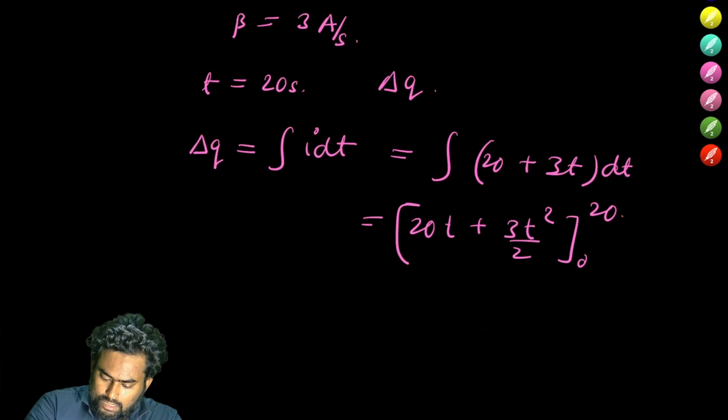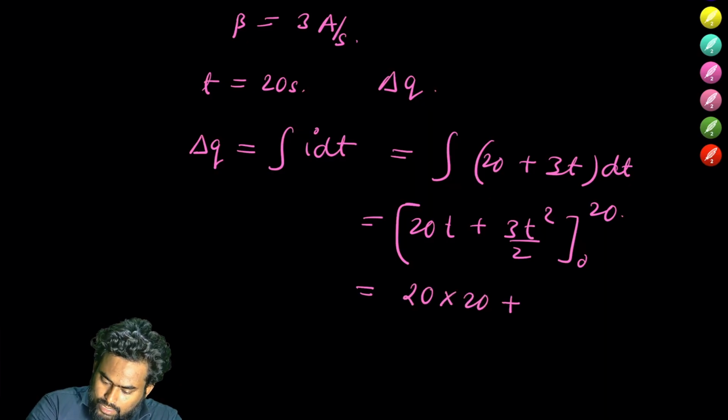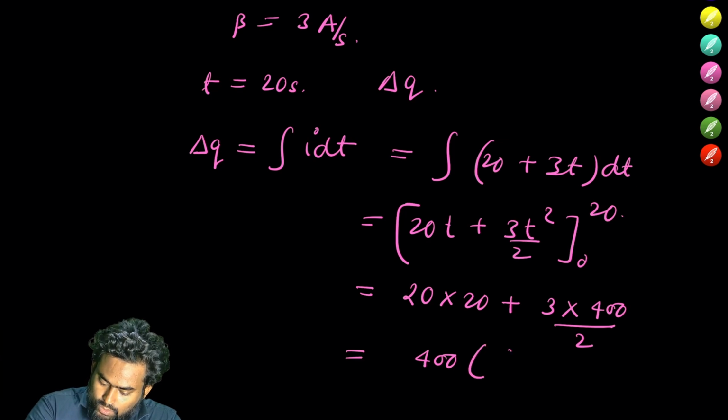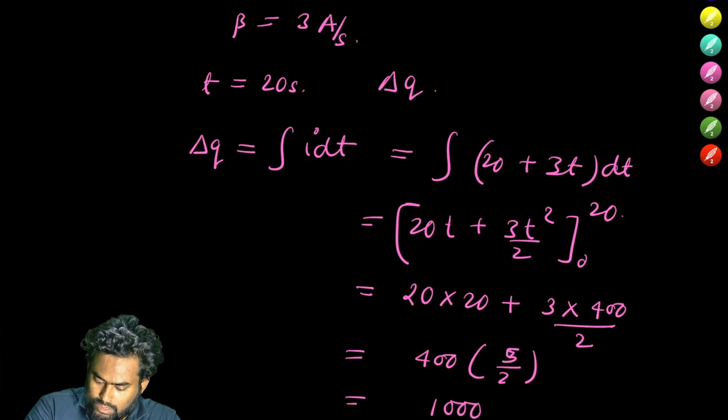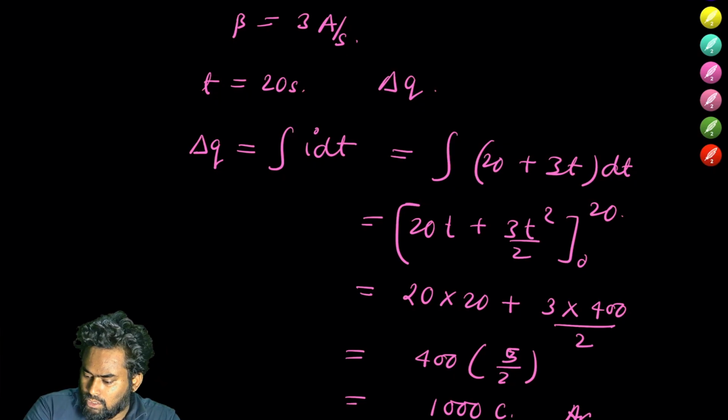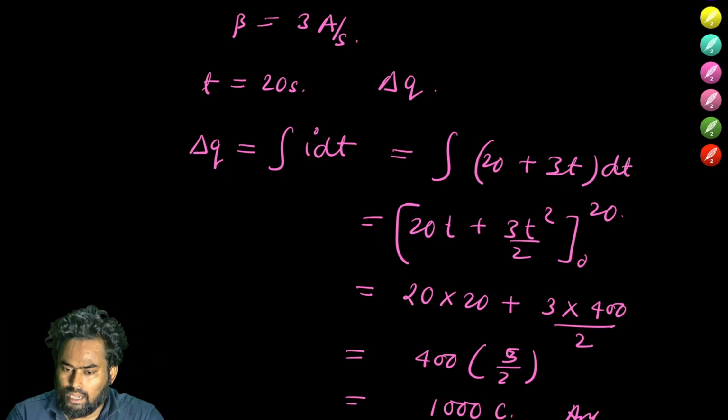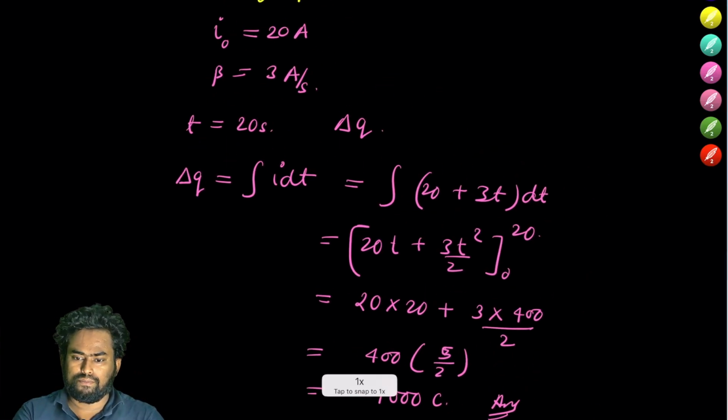It will become 20 into 20 plus 3 into 20 square, 400, by 2. While putting 0 it will become 0. So I'll get 400 into 1 plus 3 by 2, 5 by 2, 200 into 5, 1000 coulomb. So this will be our answer, 1000 coulomb.